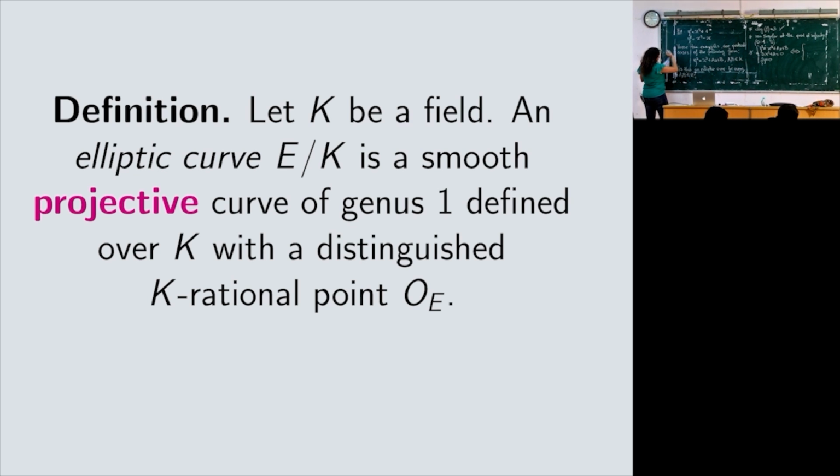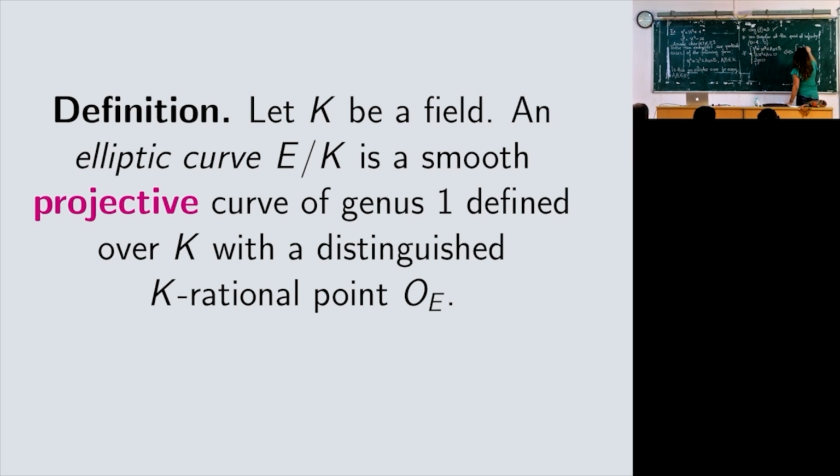Just a precision. Here we assume that the characteristic of our field K is different from 2 and 3, okay? Because otherwise here we would get, and this is important, sorry. So y equal 0, do you agree that this is equivalent to saying x cubed plus ax plus b equals 0 and 3x squared plus a equals 0, right?